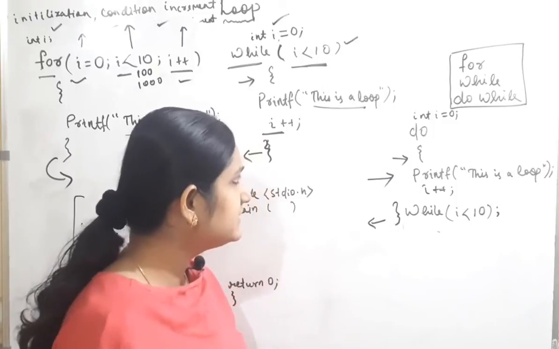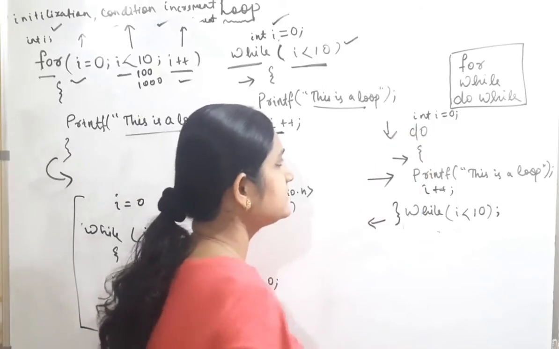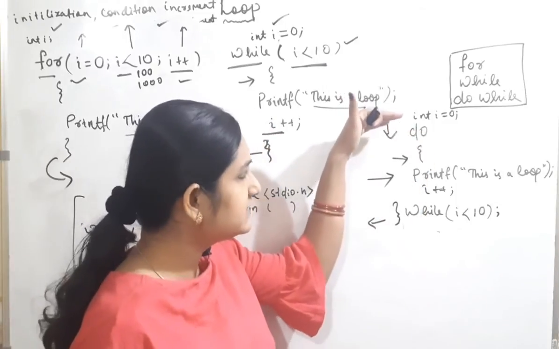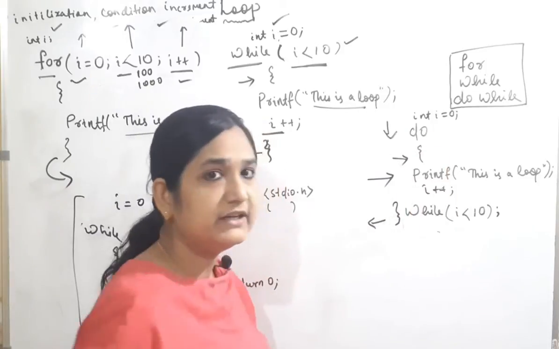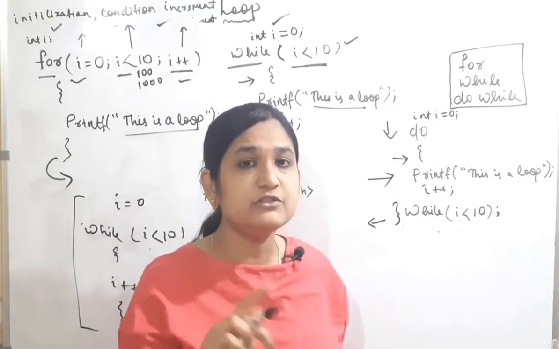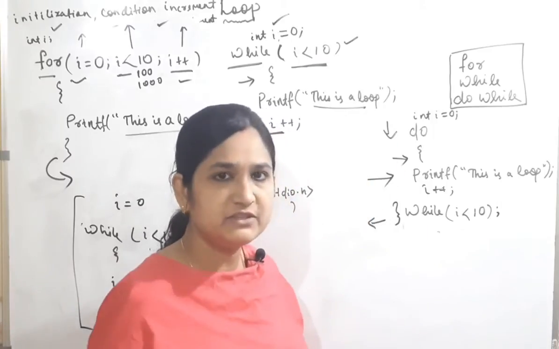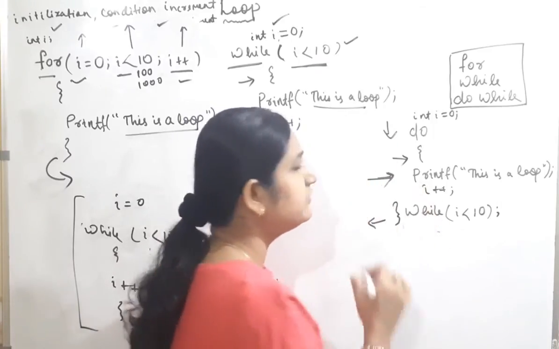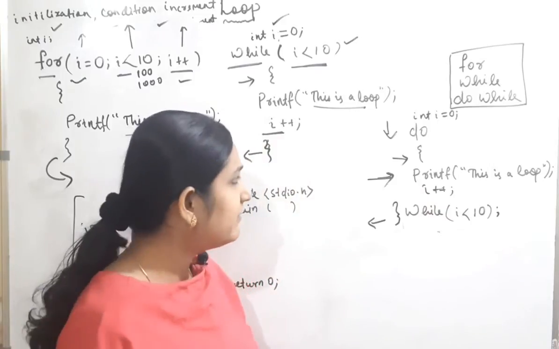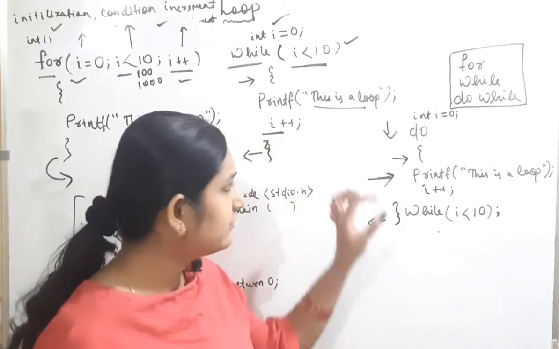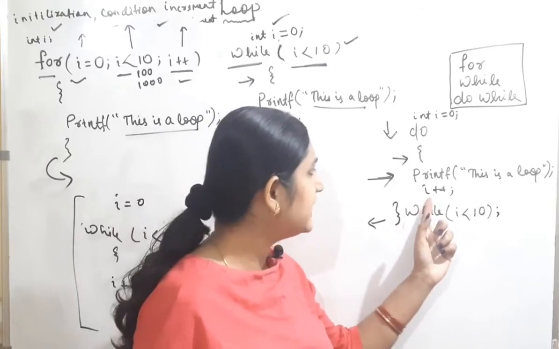Okay, and you can see when the program execution starts, it will enter the loop body for the first time without checking any condition. For the first iteration, no condition will be checked, and simply the statement will be printed out. Okay, after that, the I value is increased.